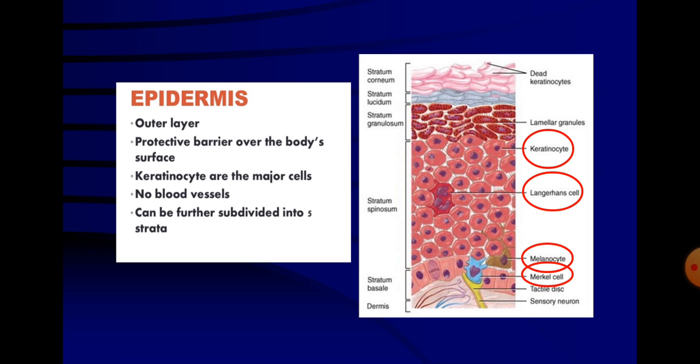Merkel cells. Now, what is the role of these Merkel cells? They participate in the sense of touch. They are connected to the nerve cells from the dermis. So these are the important four types of cells present in the epidermis.